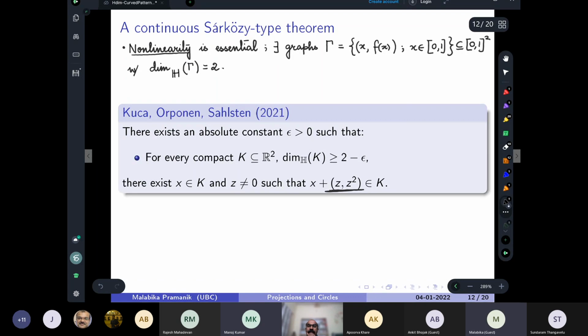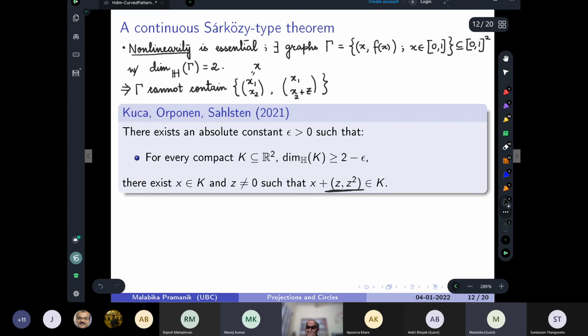What does this have to do with anything? The existence of such graphs means that gamma cannot contain points of the following form, let's say x1, x2. So this is my x, and x1, x2 plus z. Why?